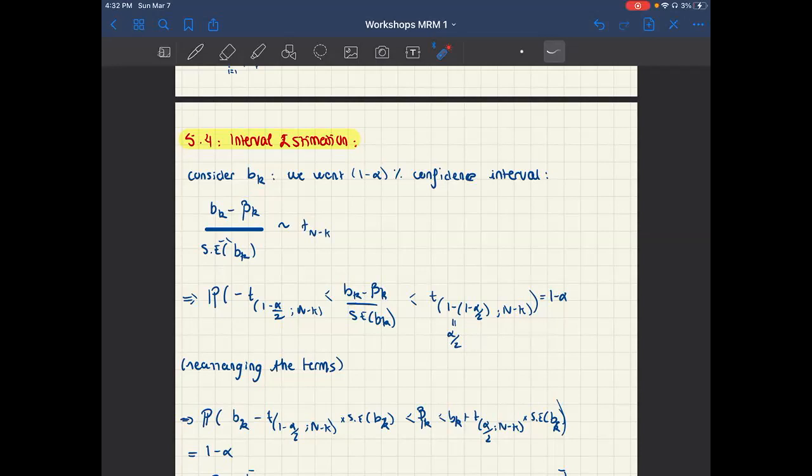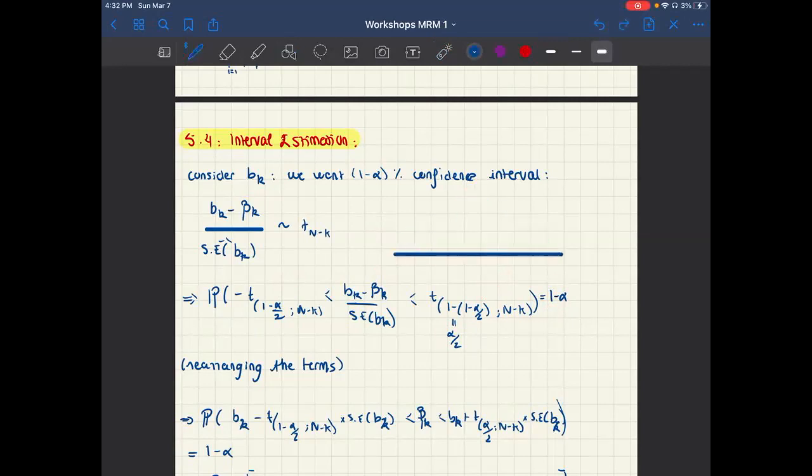So this is exactly the same procedure as you've seen in 250-71 in terms of how to construct the confidence interval. You just find the critical values of the t distribution at some level of confidence alpha, and your random variable will find itself in between those values with 1 minus alpha level of confidence.